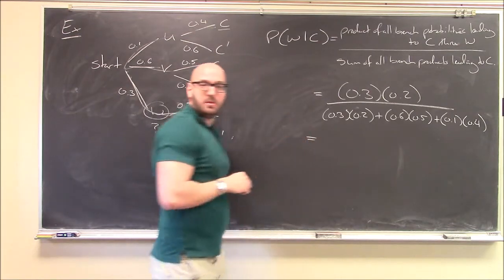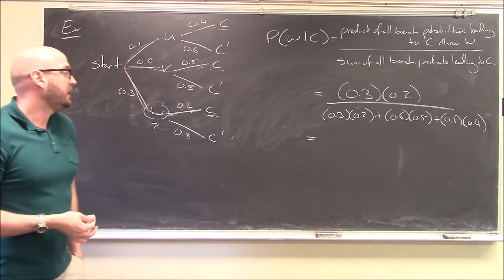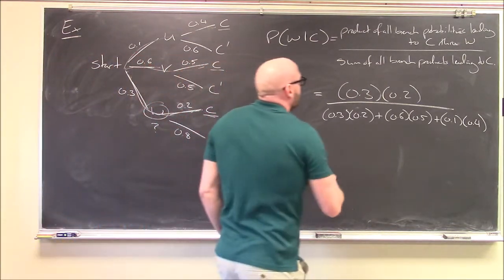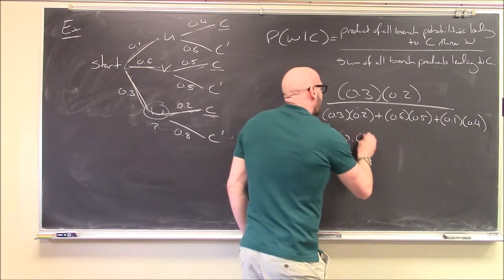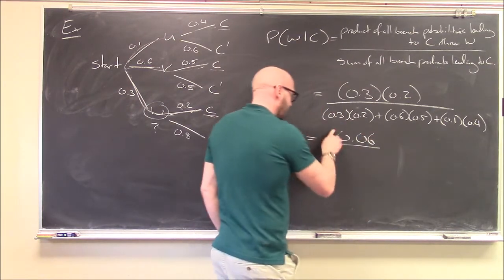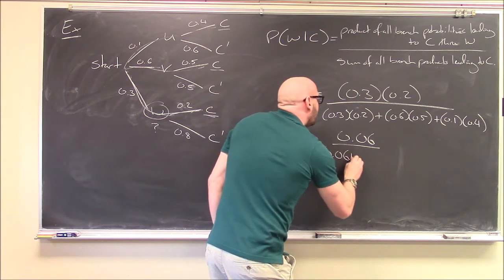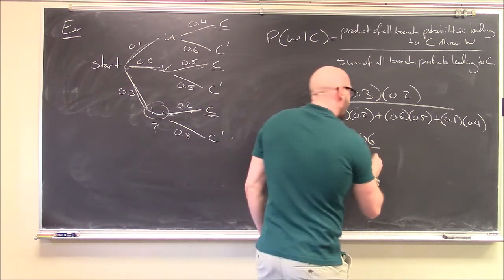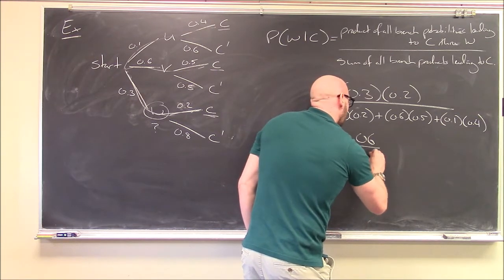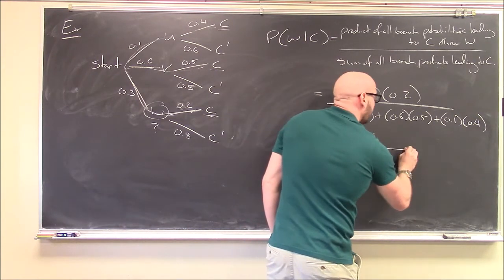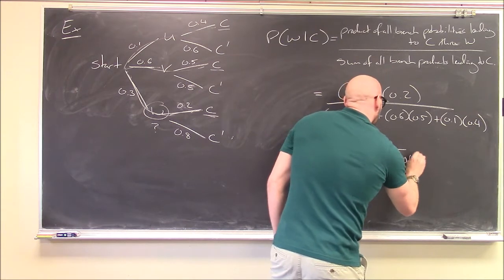And now we just have to compute this ratio. This is Bayes' formula applied. 0.3 times 0.2 is 0.06, divided by 0.06 plus 0.3 plus 0.04.